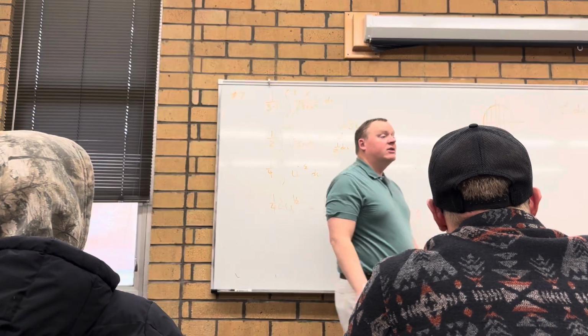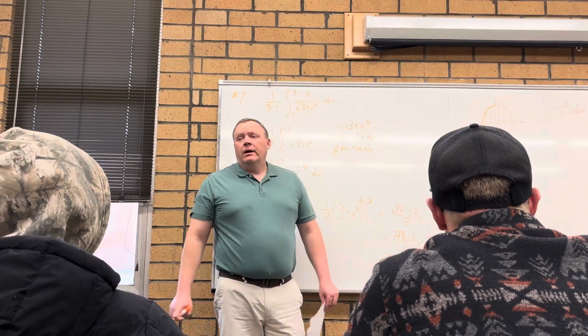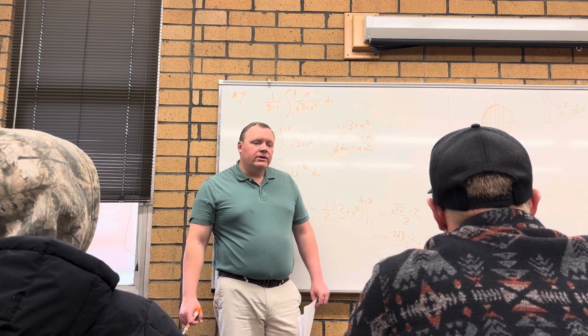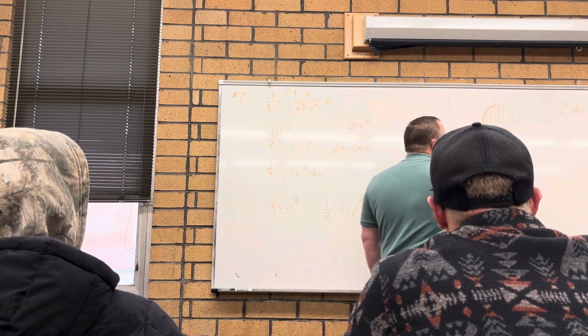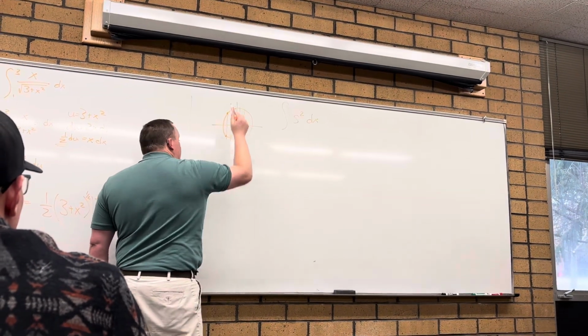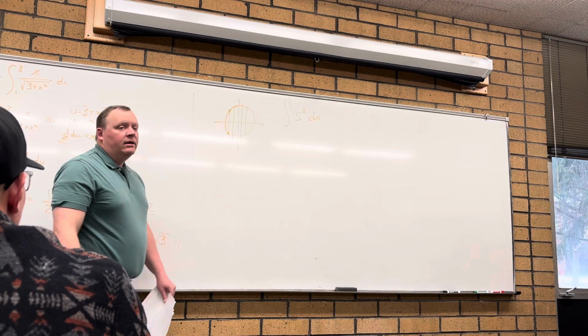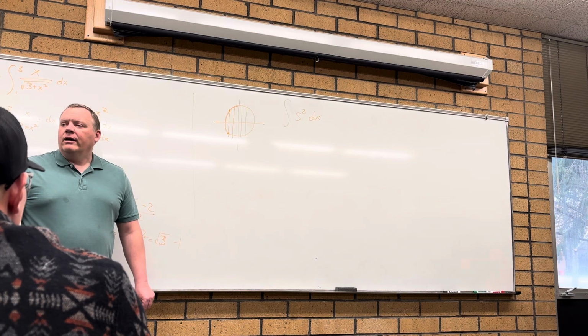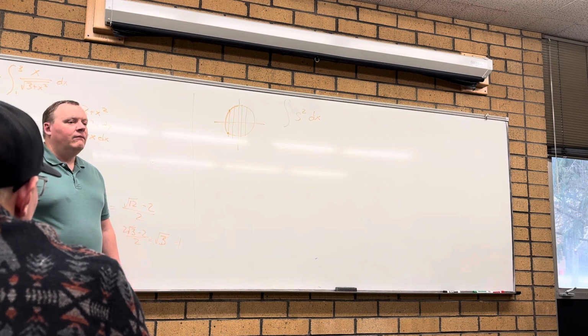And then if I take cross sections that way, they'll be dx. I just got to figure out what the side length is. And the side length is this distance across the circle, which isn't always the diameter of the circle, 8, and it is once, and never again. So we have to figure that out.